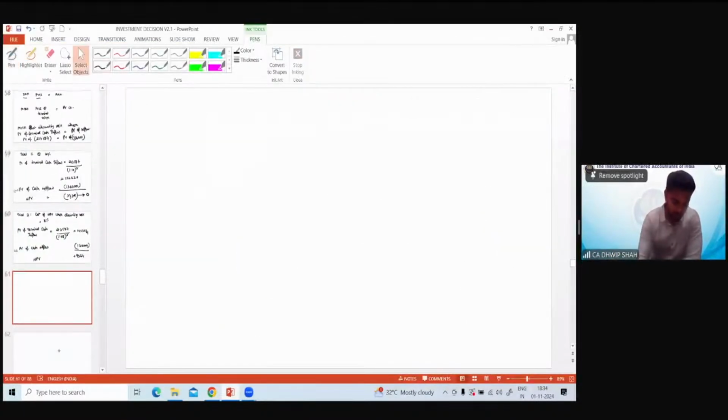Everyone understood till here? This is a little complicated. MIRR is a little complex. You need to understand step by step. Step 1 was very simple: bringing all the cash inflows of each year to the terminal point. And the terminal point is that point which is at the last year of the project's life.